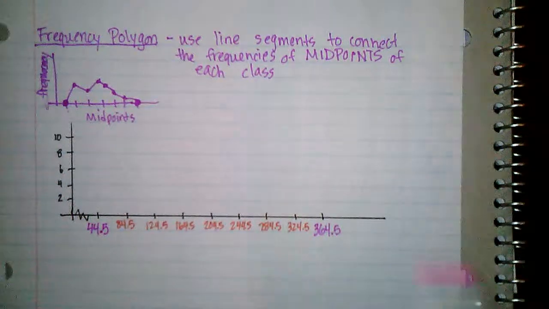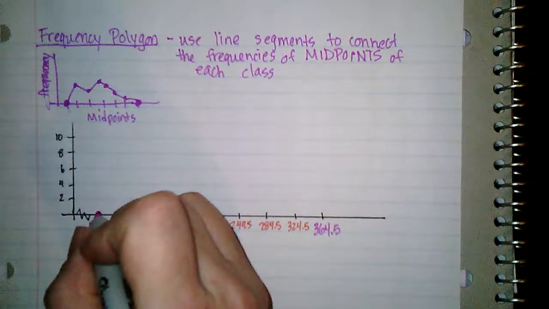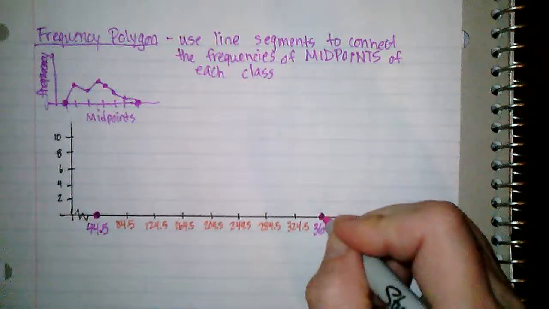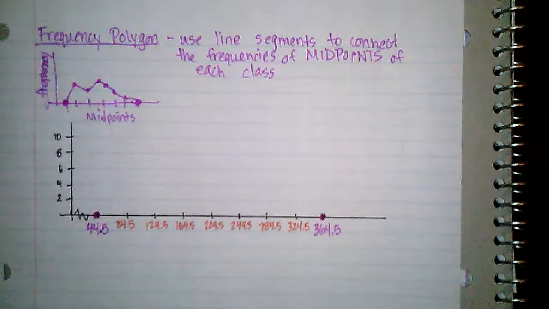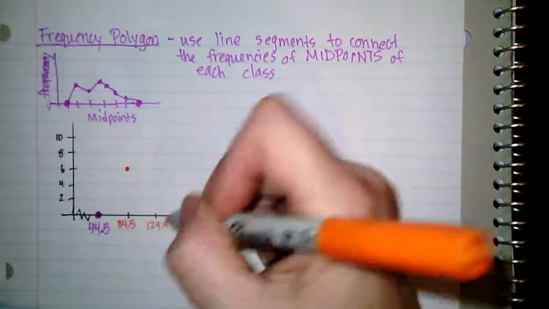Now, since there was no data in this class, we put the frequency at 0. And since there was no data at this class, we also put the frequency at 0. And then our other ones will be what they were before. So at 84.5, the frequency was 6.